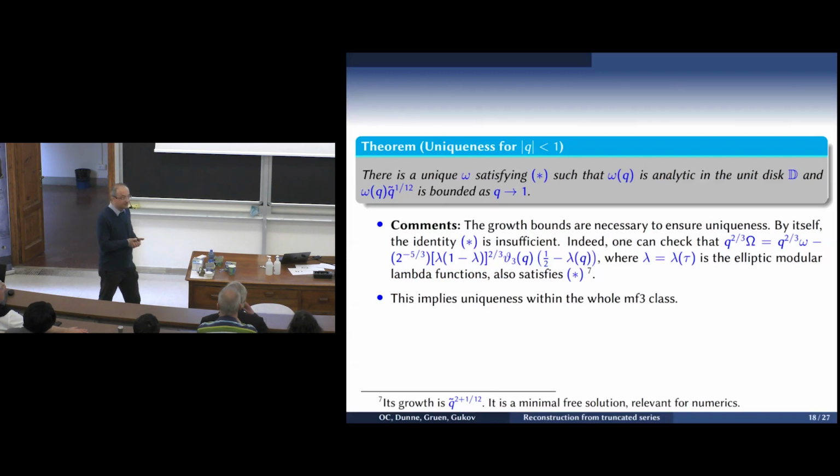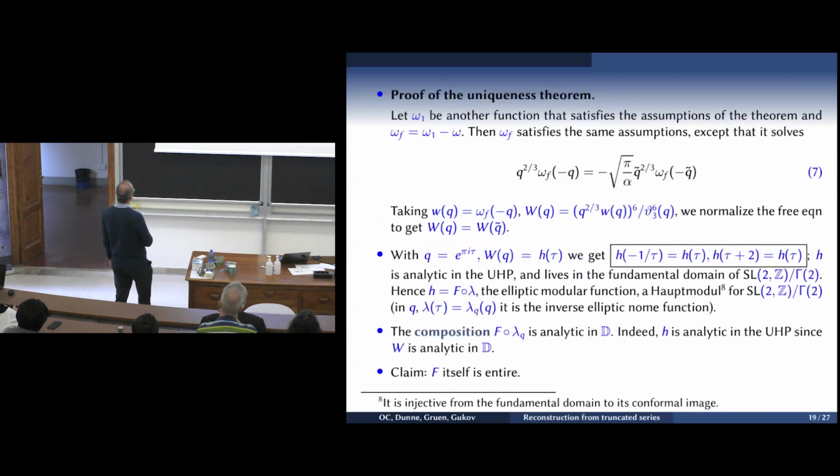So all those ratios of thetas and q-Pochhammers are one of the freedoms that you have here. This is the modular elliptic lambda function. And the theta 3 is a distraction. If you want, I'll tell you in a moment why I have a theta 3 there. Okay, and uniqueness of one is uniqueness of all. So that translates to the whole class.